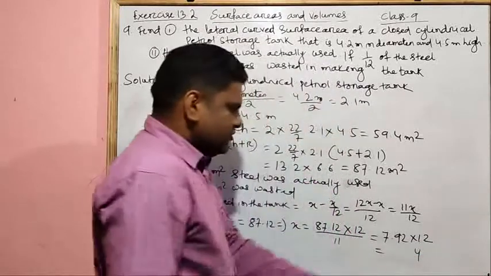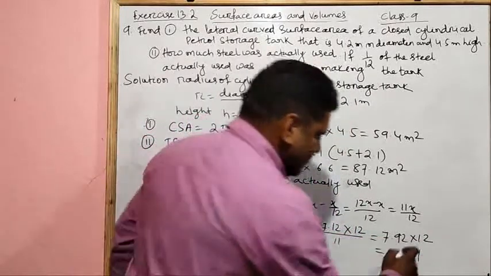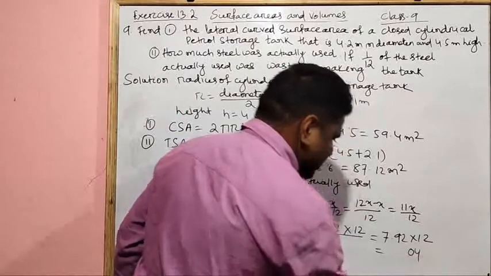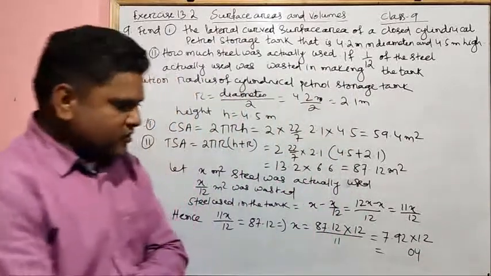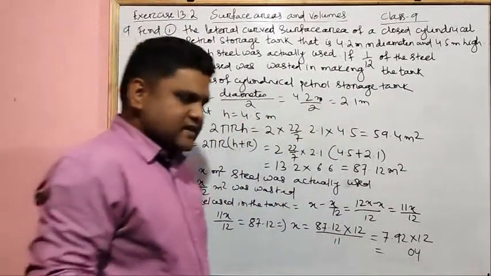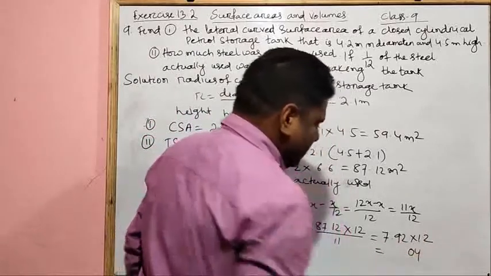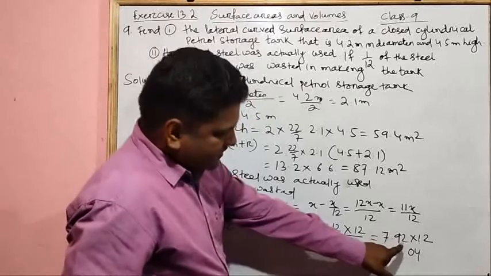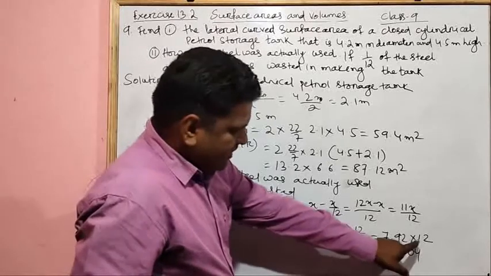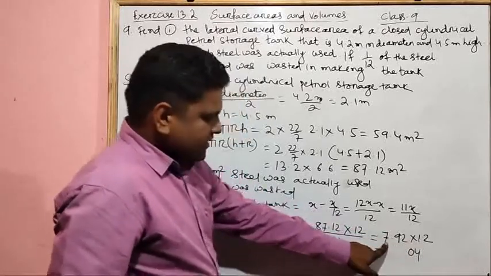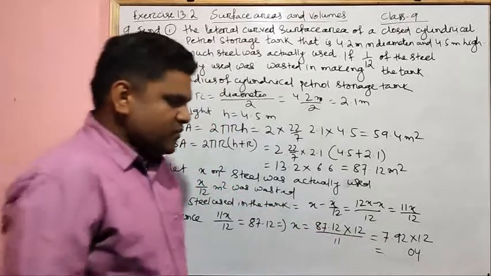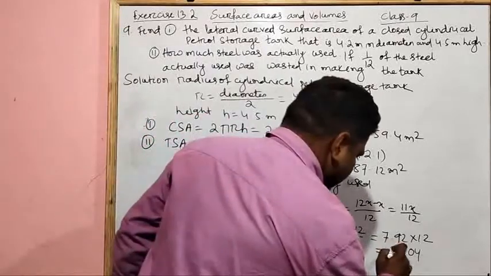Carry is 2. 108 plus 2 is 110. Remaining is 11. 12 into 7 is 84 plus 11 is 95.